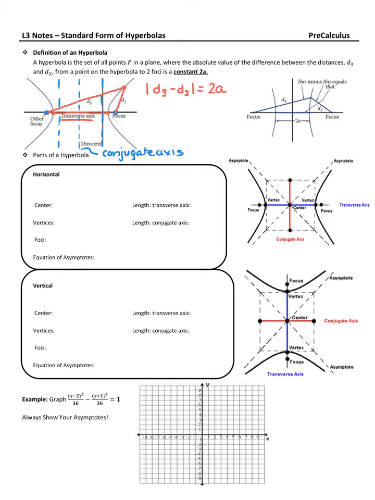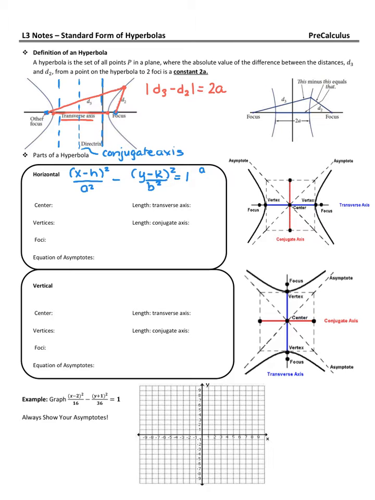In terms of what the standard form looks like, it's very much like an ellipse, so it will be translated to a center: x minus h squared over a squared, but now instead of plus, you're going to have a minus, y minus k squared over b squared equals 1.